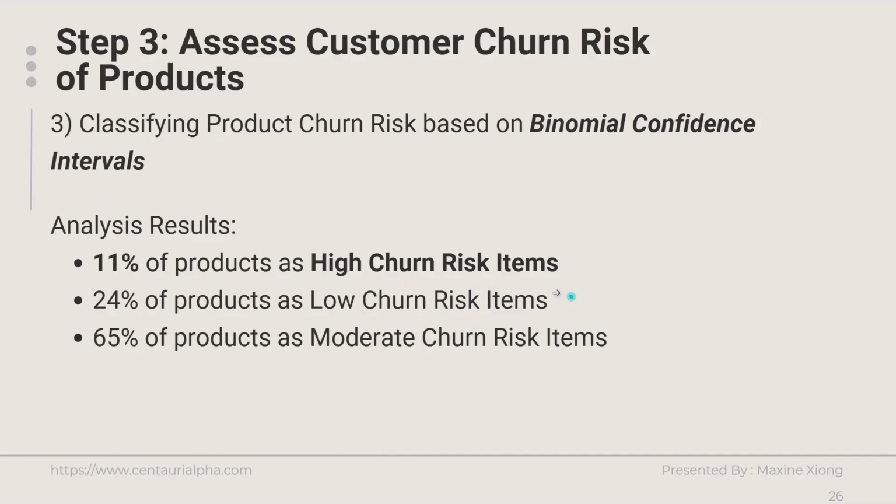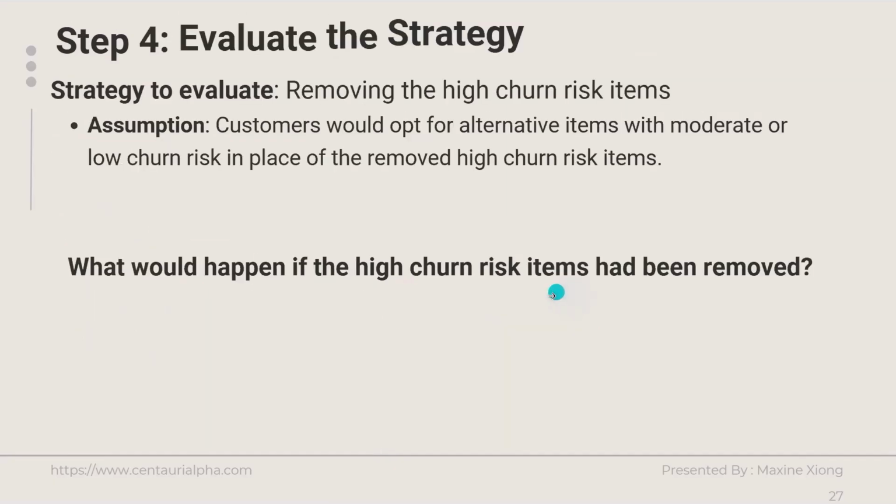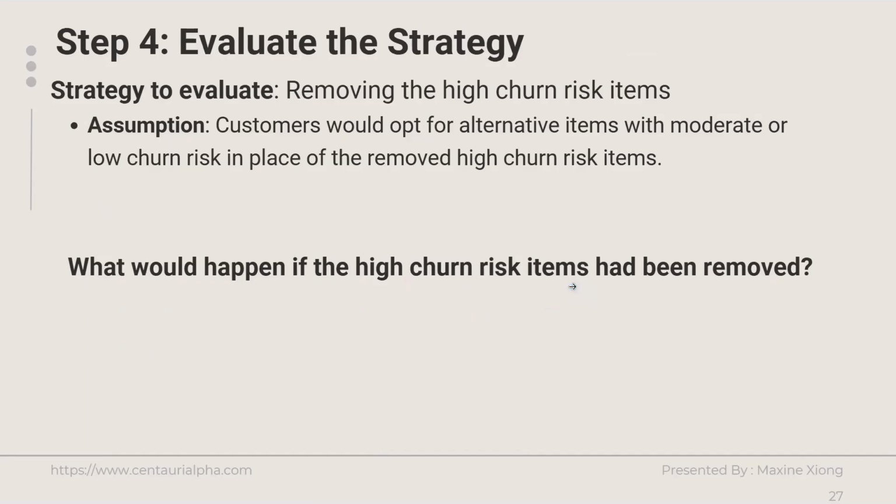Now that we know what the high churn risk items are, we wanted to know what would happen if the high churn risk items had been removed. To evaluate the strategy, we first assumed that if these products were removed, customers would purchase alternative items with moderate or low churn risk in place of the removed high churn risk items.